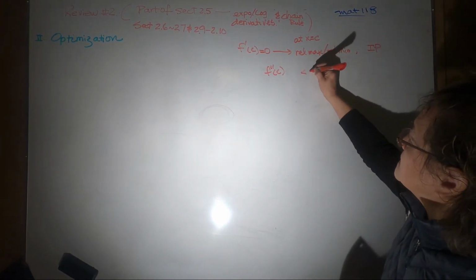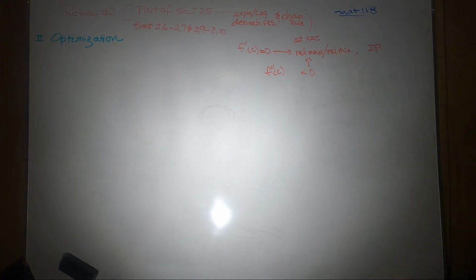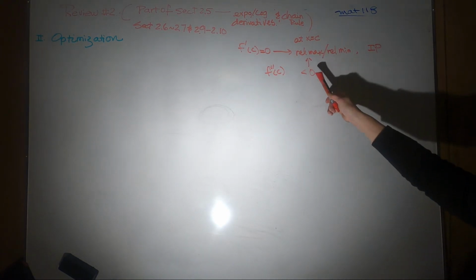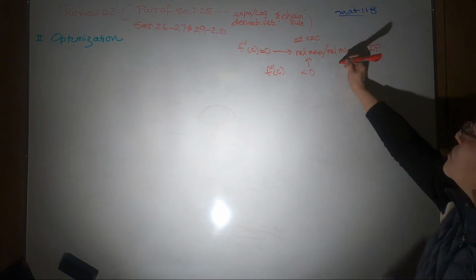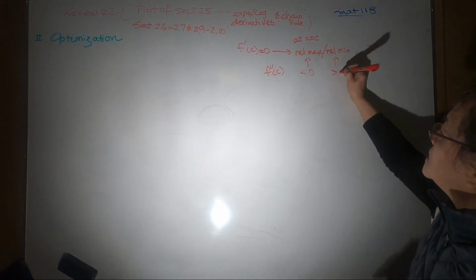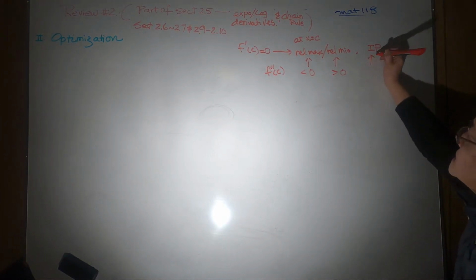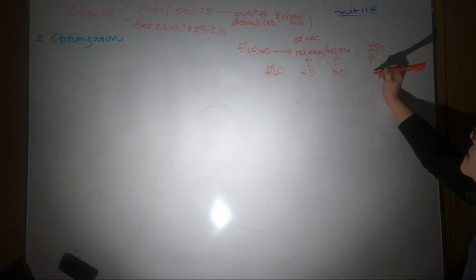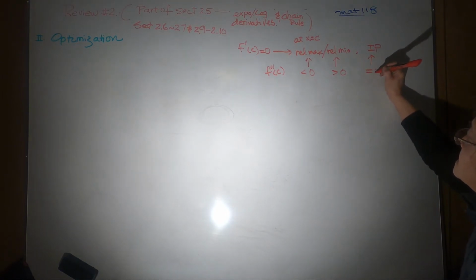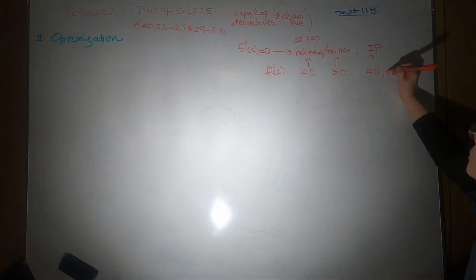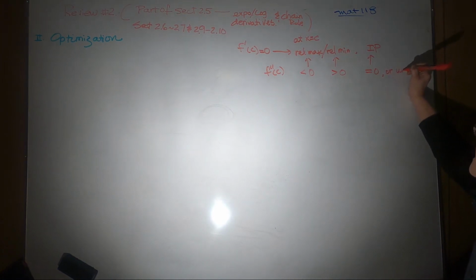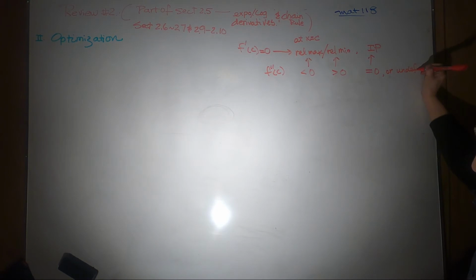If it's less than 0, you have a relative maximum, because it's concave down. For a relative minimum, you will have f prime prime greater than 0. When it's an inflection point, f prime prime is 0, or undefined, or doesn't exist.